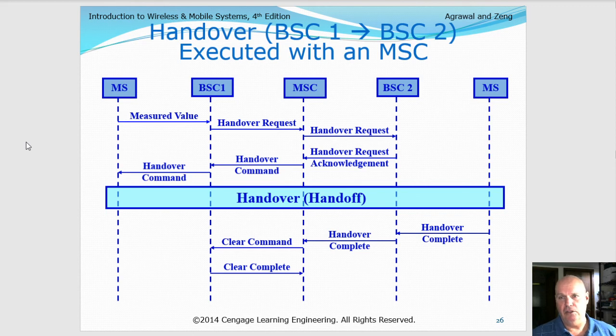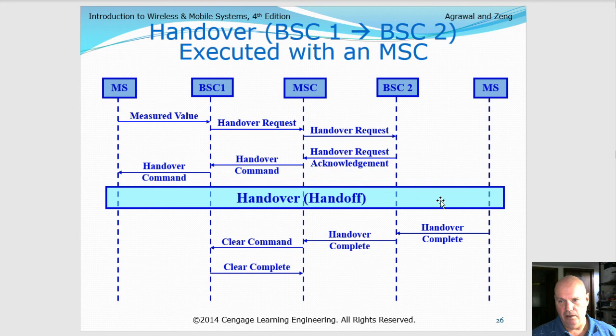And if that's to another base station controller handled by the mobile switching center, that can be managed by the mobile switching center. That process is illustrated here, how the mobile switching center coordinates the handover request from base station 1 to base station 2.